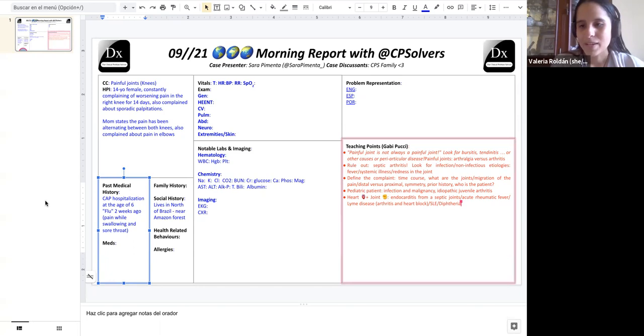Okay. So yeah, I think we can all agree that we are thinking maybe something infectious or post-infectious, a polyarticular presentation here. And definitely rheumatic fever is something, as Diego pointed out, that we should keep in mind. And well, diphtheria as well.